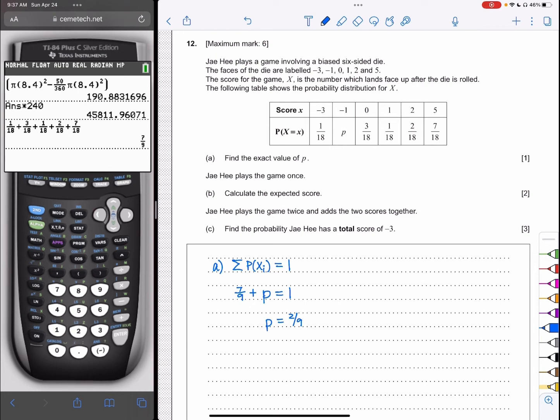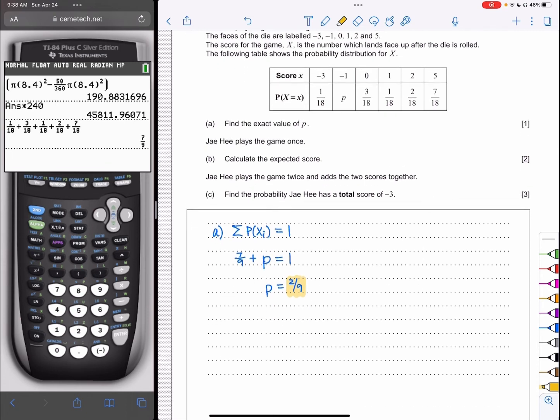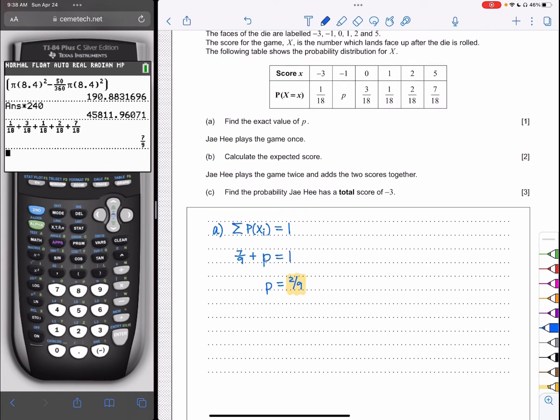If you got 4 over 18, that is still an equivalent form. Okay? So that is what P is. So now I go to part B. Part B says, He plays the game once. Calculate the expected score.